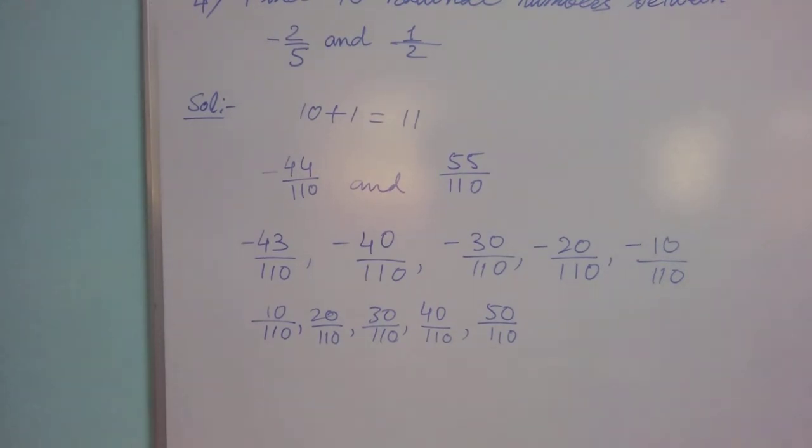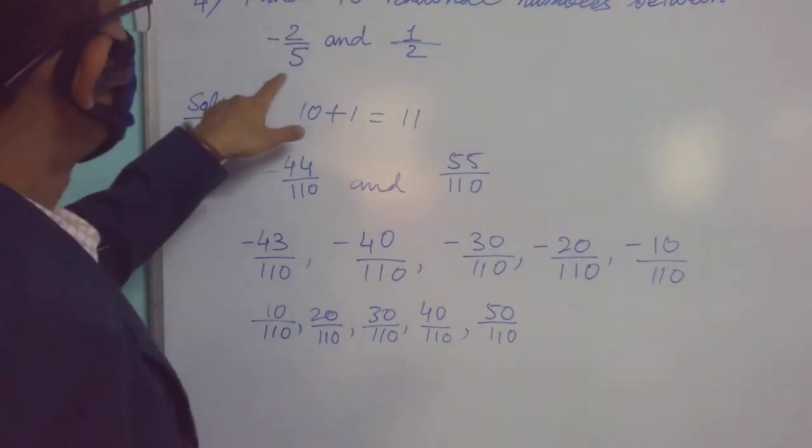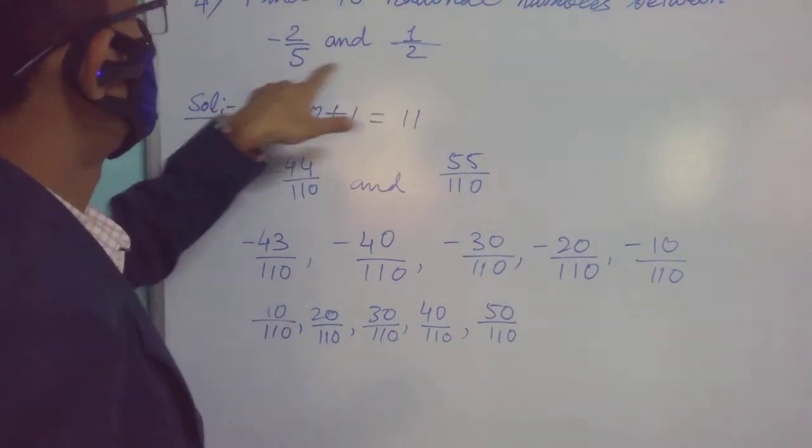Now this is a general procedure. In case of this particular problem, minus 2 by 5 and half, this procedure actually is not needed, because between minus 2 by 5 and half there is a long span. You just need to make the denominators equal, and that's it.